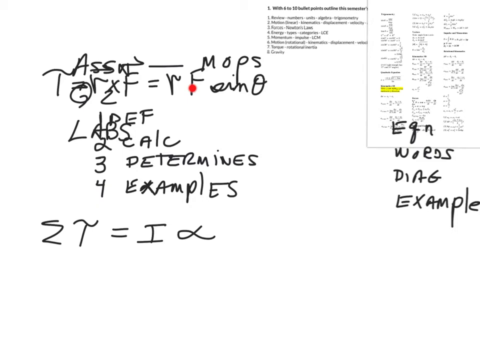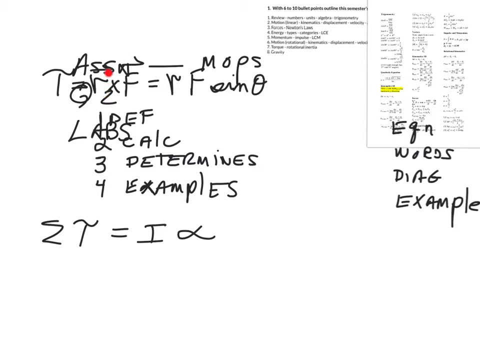There are three factors that determine the torque in any situation. So tau represents torque, r is a vector that goes from the axis to the point of application of the force. F is the force that's applied, causing the torque.